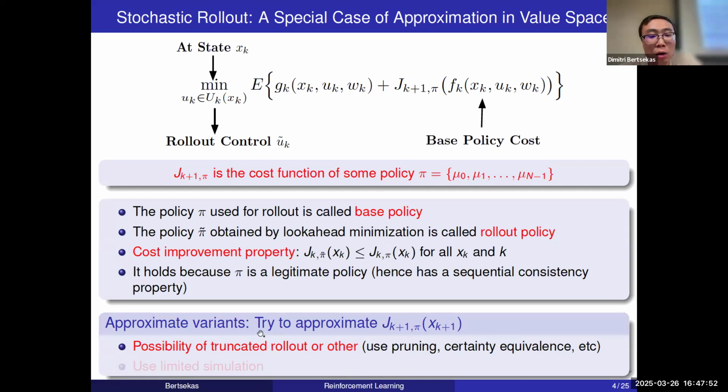So how do we try to approximate this function? One possibility is to use truncated rollout. Suppose that we have some sort of approximation of this cost, then instead of running all the way to the end, n, we may run 10 steps.